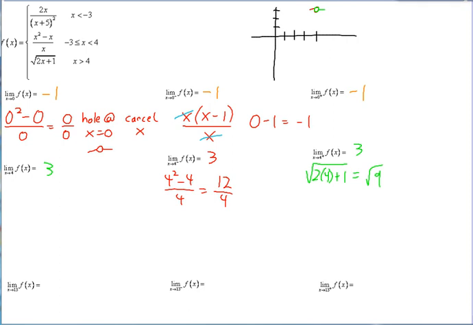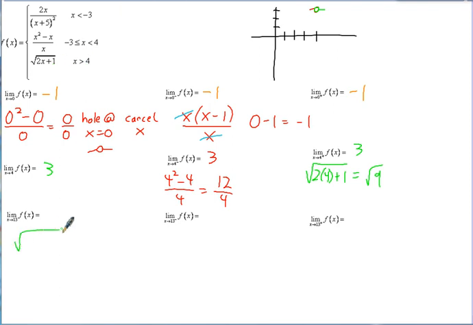So let's go one more for this piecewise function. Limit as x approaches 13. 13 is not a breakpoint, so we just have to look and see which piece 13 applies to, and 13 is greater than 4, so you use the last piece.